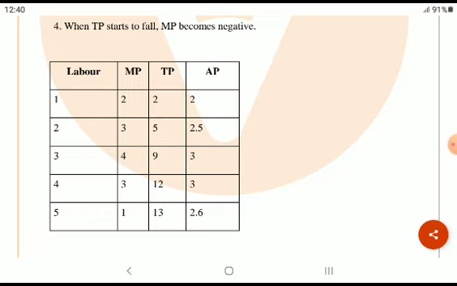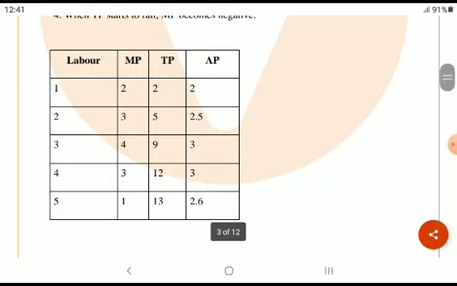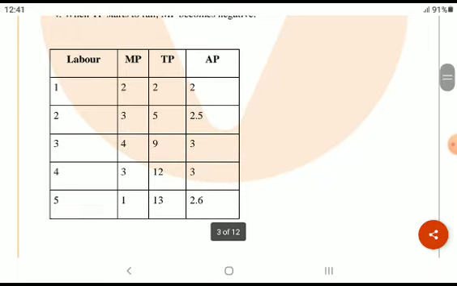Next, MP is 3, TP is 5, so AP is 5 by 2, that is 2.5. Then let us take MP as 3, TP as 8, AP will be about 2.7. Here is the example they have given.